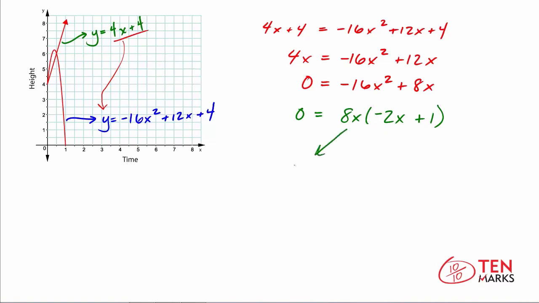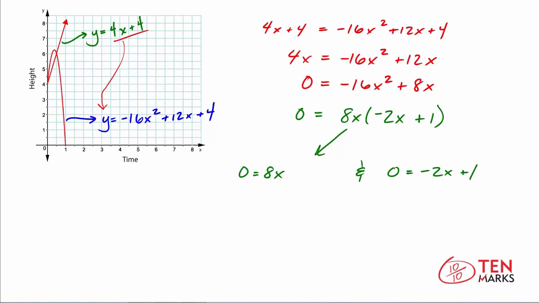So to do that, you would say 0 equals 8x and 0 equals negative 2x plus 1. Now the reason that I did this setting equal to 0 is because on the right side, if the quantity 8x or the quantity negative 2x plus 1 equals 0, then the entire expression equals 0. So that's why you do this step.